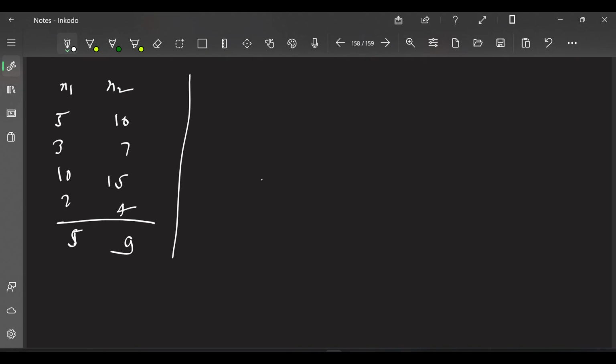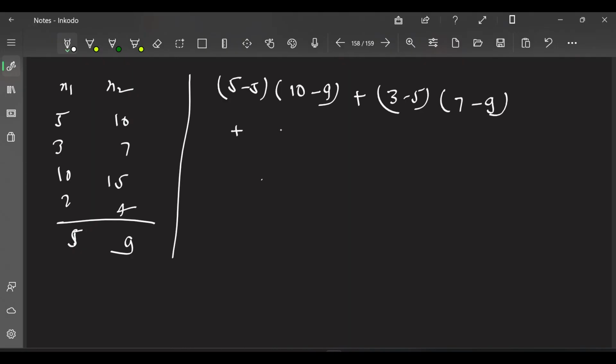So we will write (5 minus 5) into (10 minus 9), plus (3 minus 5) into (7 minus 9), plus (10 minus 5) into (15 minus 9), plus (2 minus 5) into (4 minus 9), divided by 3.